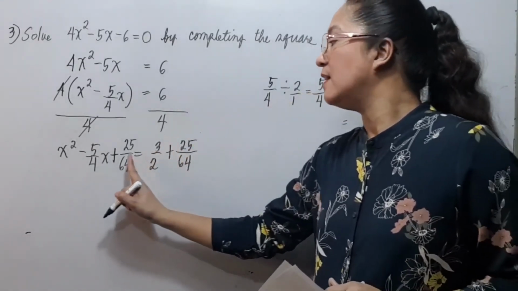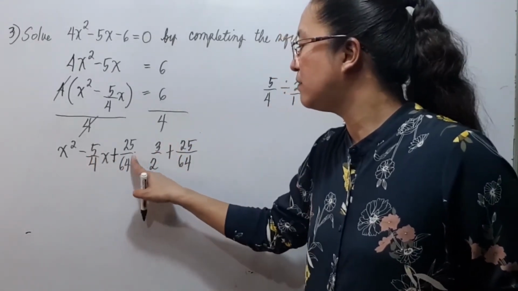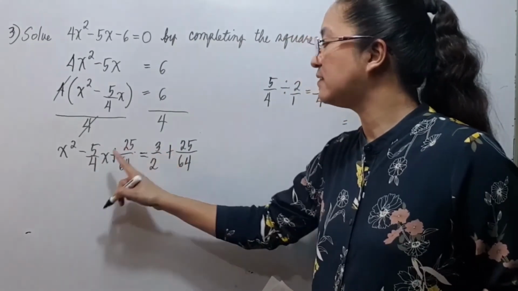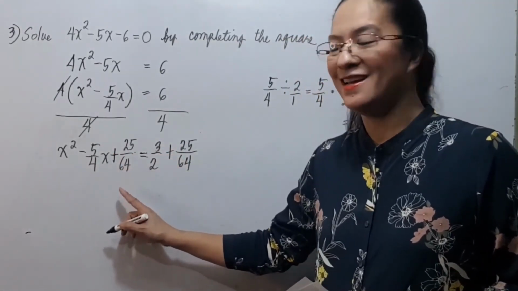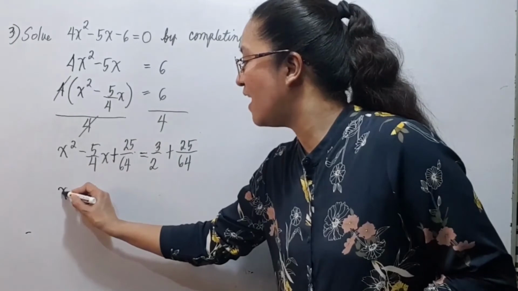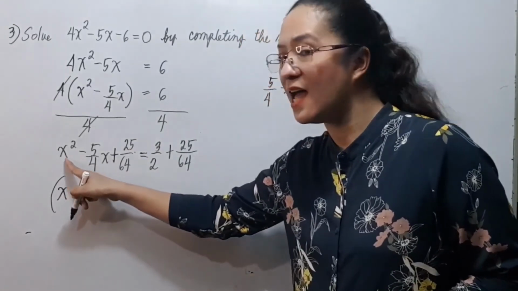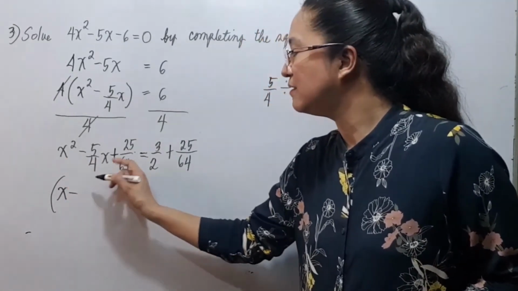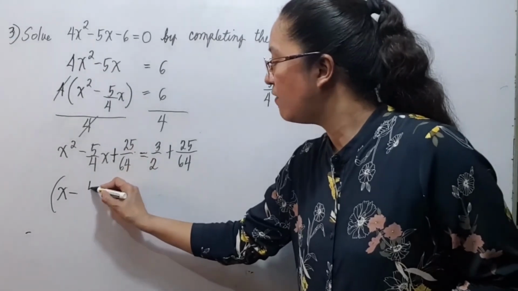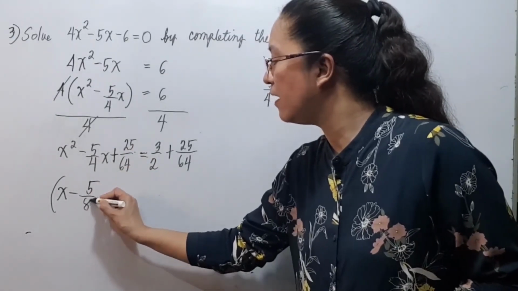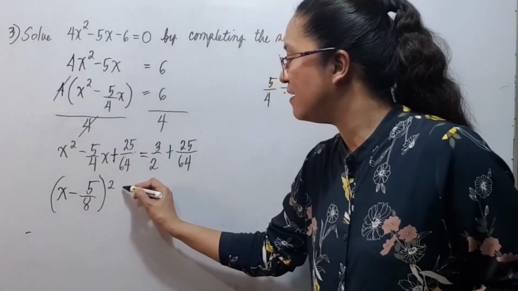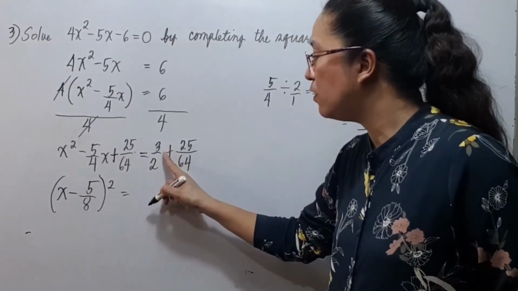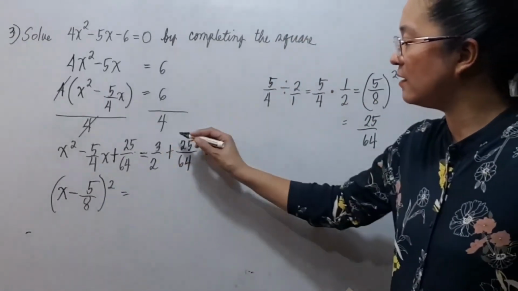Now, the left side is already a perfect square trinomial. Na kung saan ang factors niya ay x, no? Yung square root niyan, minus square root niyan. 5 over 8. Quantity squared. Ngayon, ano mangyayari dito sa right side?